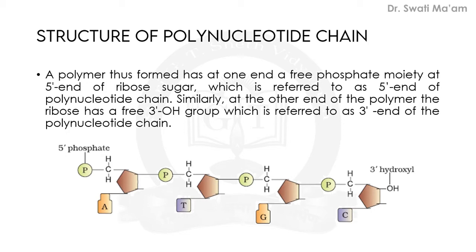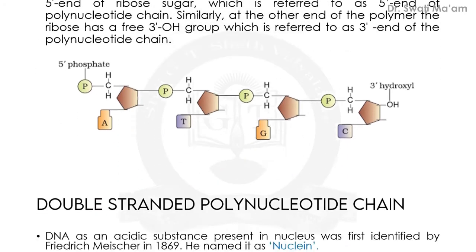But here we are going to study the structure of DNA. In DNA, deoxyribose type of pentose sugar is present, and only these four nitrogenous bases, adenine, thymine, guanine, and cytosine, are present.